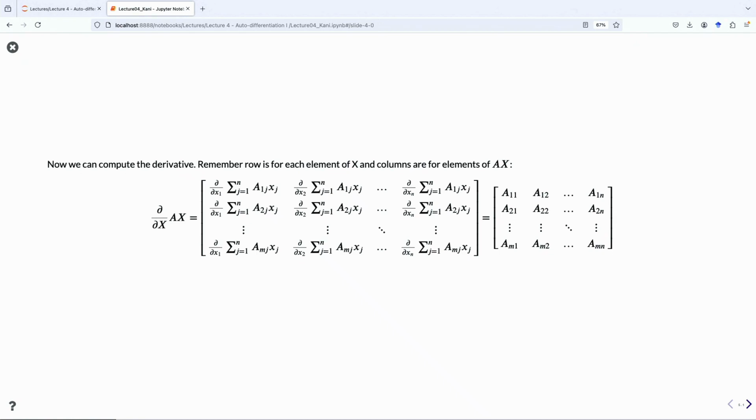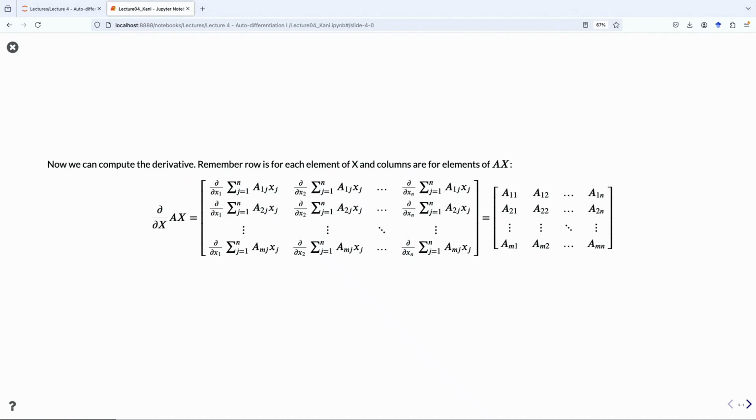We're taking the partial derivative to get an m by n matrix where each value is the partial derivative of the corresponding element of the vector Ax with respect to an element of x itself. And again, we're doing numerator layout, so rows correspond to the elements of Ax, and columns correspond to the elements we're taking the derivative with respect to.